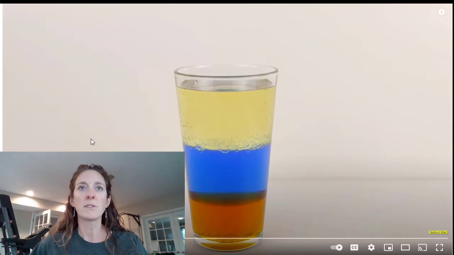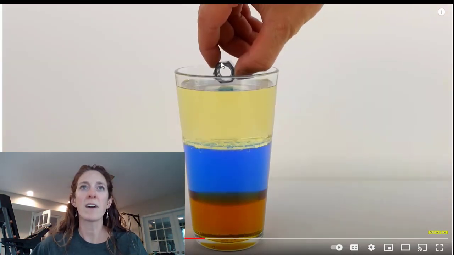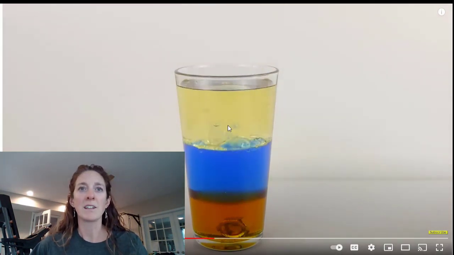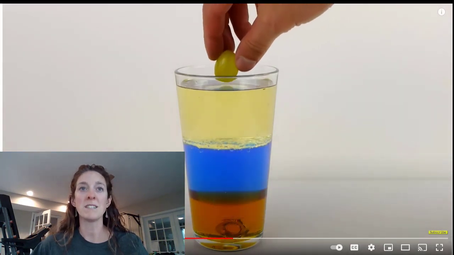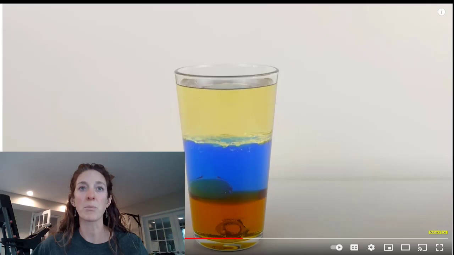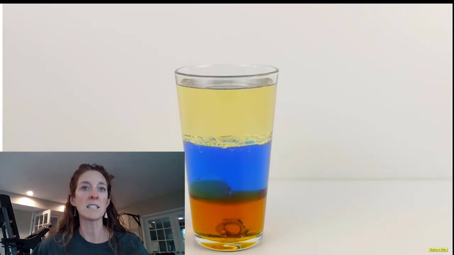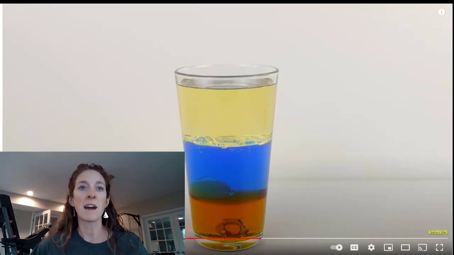Now we're going to add some objects into these layers. First we have a bolt. And notice that it goes right to the bottom. It is the most dense. And then we have a grape, which is about the same size as that bolt. But notice, and I'm going to pause this right here, the grape stops right here. It doesn't float on top of the water, but it doesn't sink to the bottom of that oil.